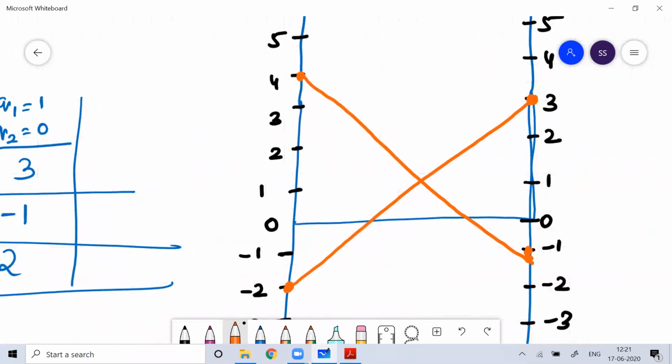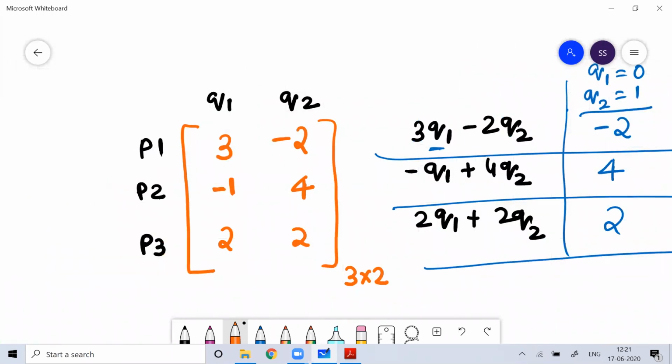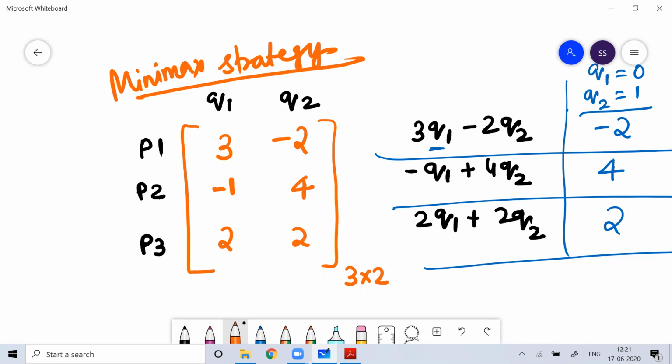So what we do basically, whenever your problem is like this, we follow the mini-max strategy. Why mini-max strategy?